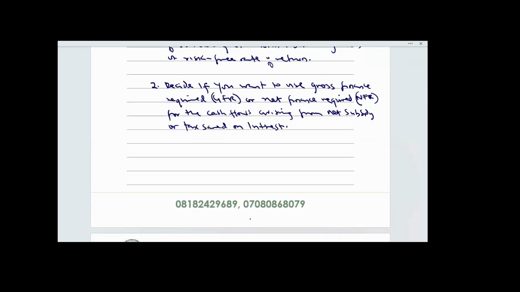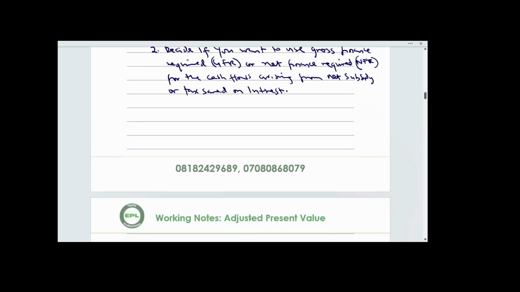So how do you then calculate net finance required? Note, net finance required is calculated as the initial outlay plus working capital.